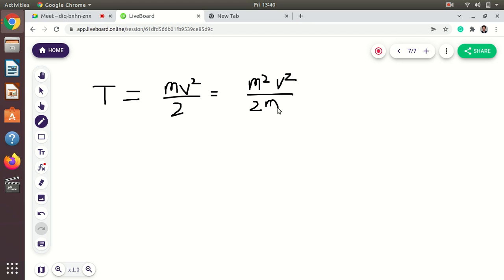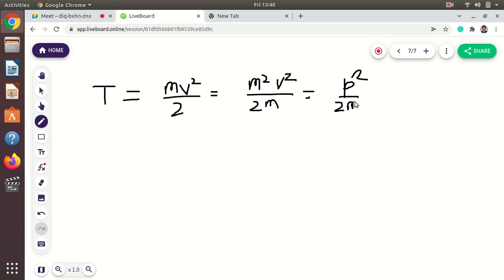I have multiplied m on the denominator and numerator, so m becomes m square and 2 becomes 2m. If you cancel one m, it reduces to mv square by 2 again. What is mv? Mv is our momentum p. So I can write this as p square upon 2m.